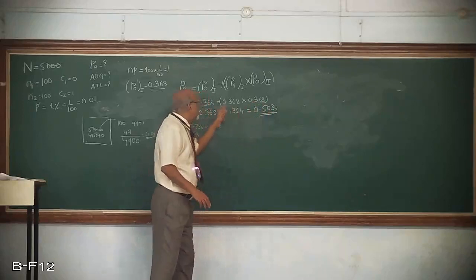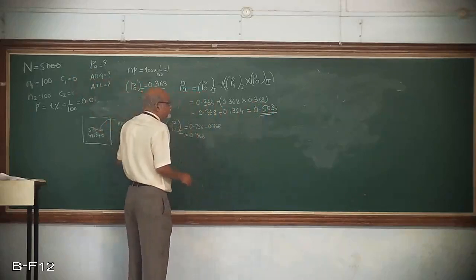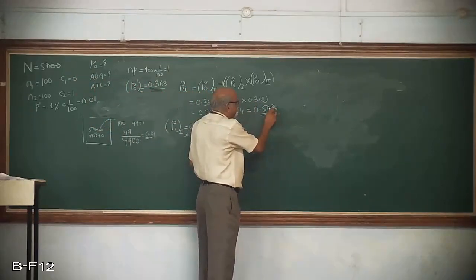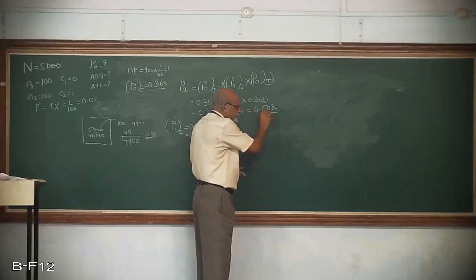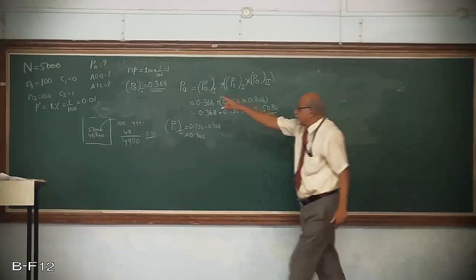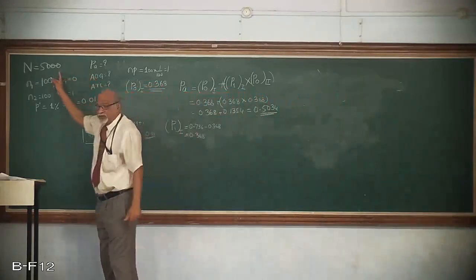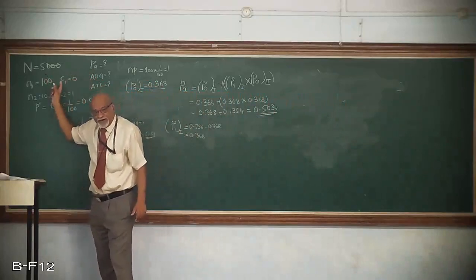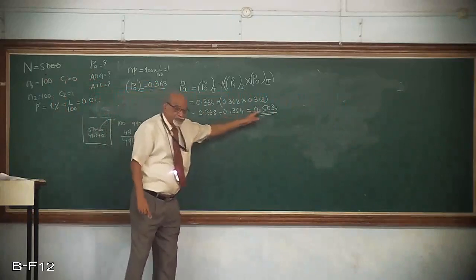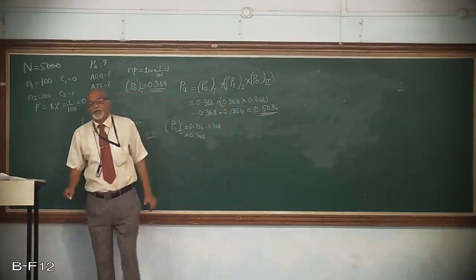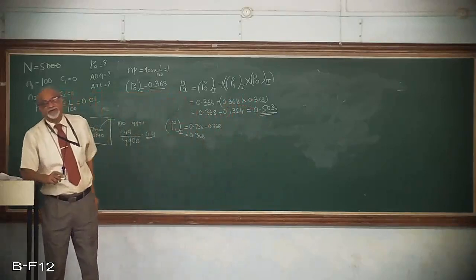That means, suppose I limit myself to two significant digits, and 100 lots have come for inspection. Out of 100, 0.50 means 50 lots will be accepted and 50 lots will be rejected.